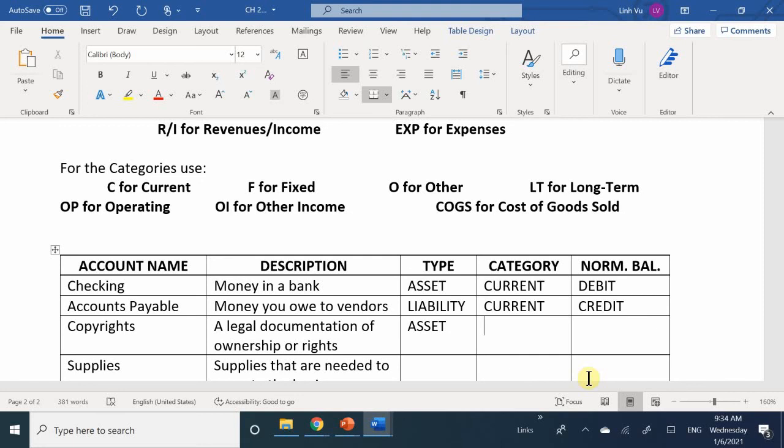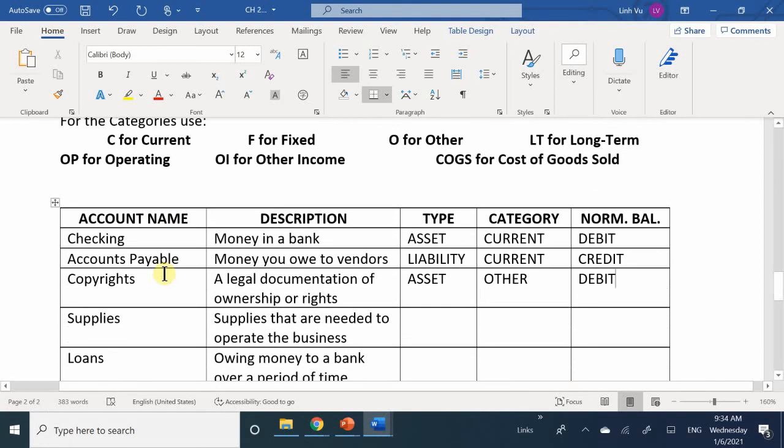What category is an intangible asset? Other assets. Correct. It is an other asset. And what kind of normal balance would it typically have? Debit. It normally has a debit balance.